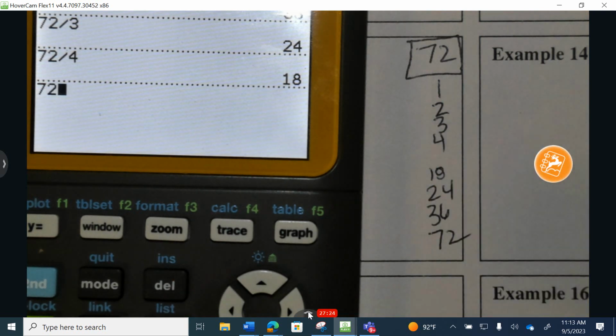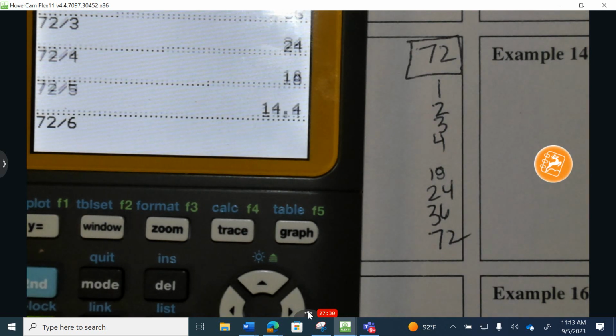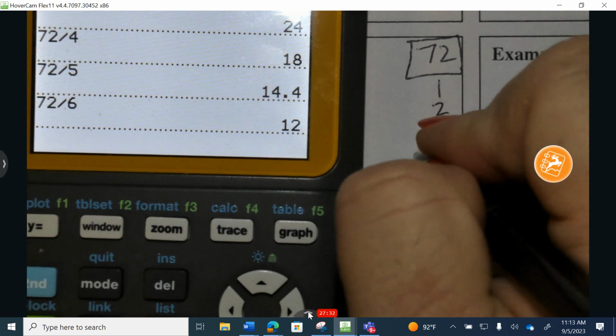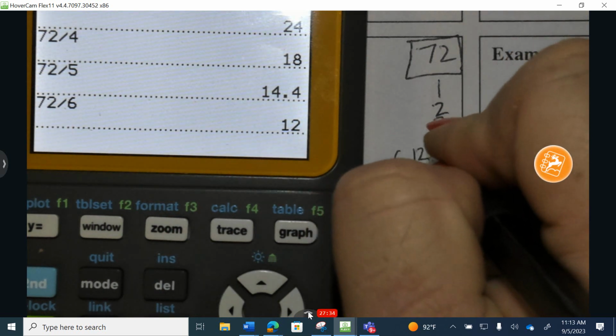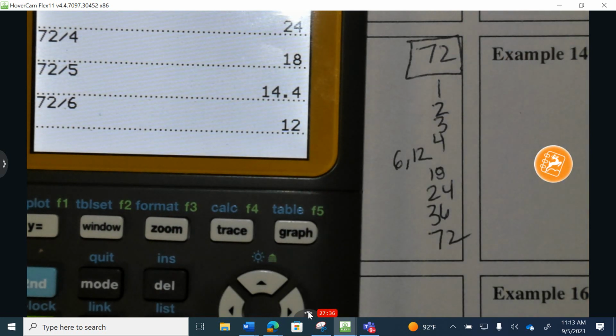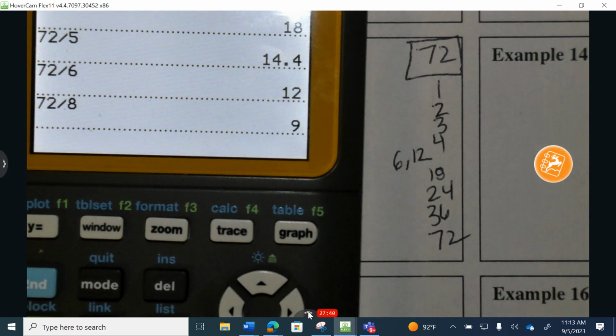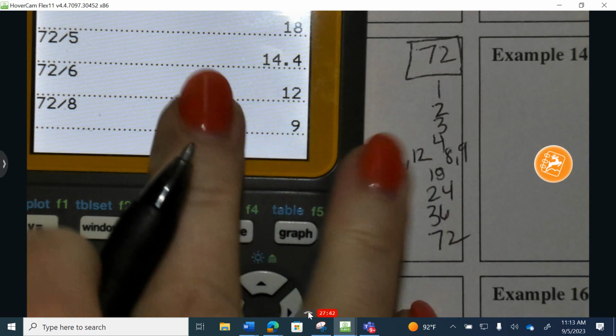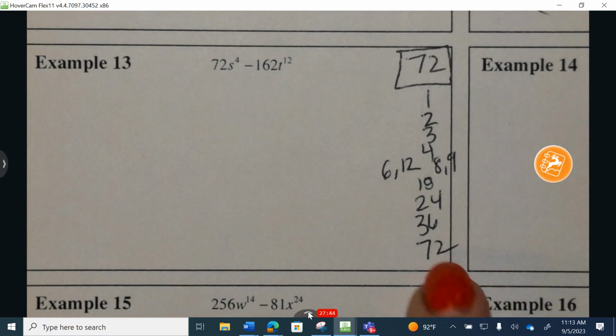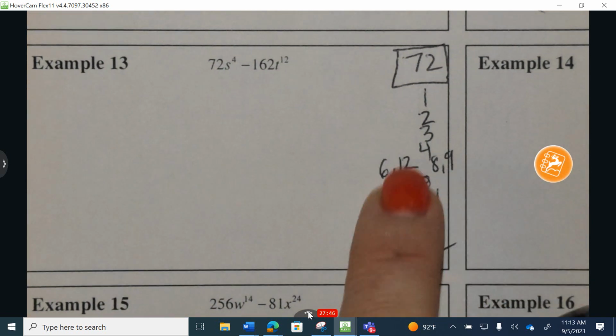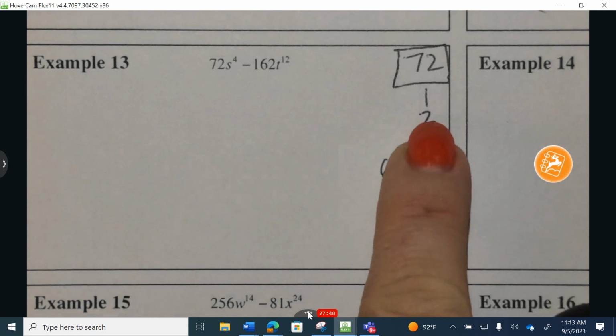You're going to see here I do not get a nice number when I divide it by 5, so I do not include 5. When I divide it by 6, I get 12. I include 6 and 12. I'm running out of space here, so I'm going to put a little parenthesis here, 6 and 12. And then lastly, let's do divided by, I know 7 doesn't work, but 8 does work, 8 and 9. So here are all the numbers I have. 72, 36, 24, 18, 12, 9, 8, 6, 4, 3, 2, 1.